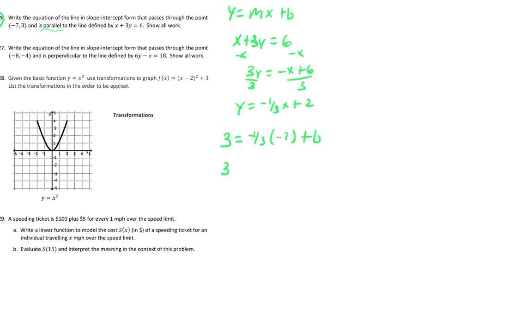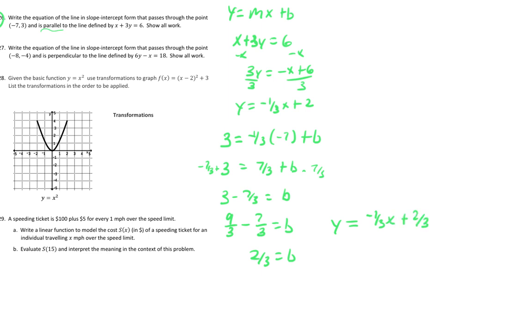Plus b, so I'll get 3 is equal to positive 7/3 plus b, 3 subtract 7/3 from both sides, find a common denominator, is equal to b. So the equation of the line is our slope, which we found to be negative 1/3, times x plus 2/3.